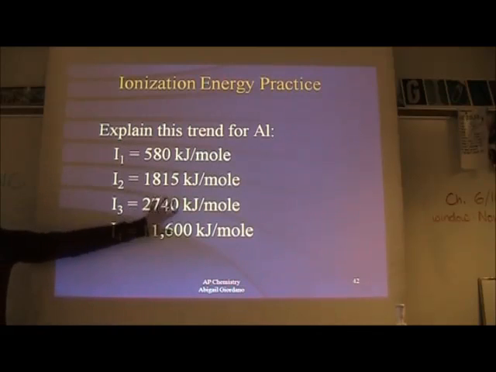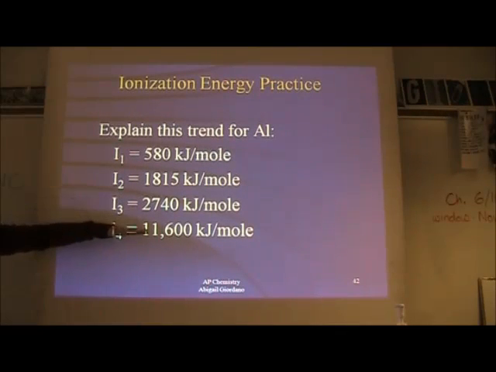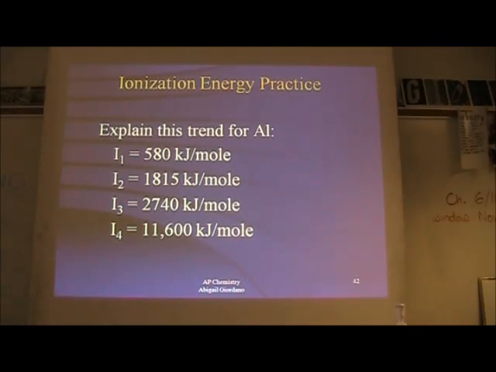Let's think about the second part. Why is there such a large increase from the third to the fourth? Somebody else take a stab at this one. Coral, try it. Because aluminum has already lost all its valence electrons and it's harder to move forward. Okay, correct. It's a core versus valence issue.